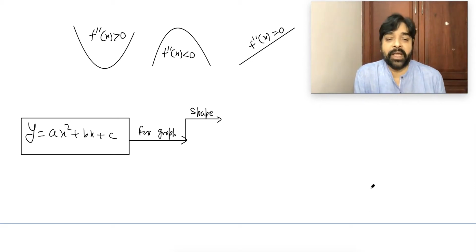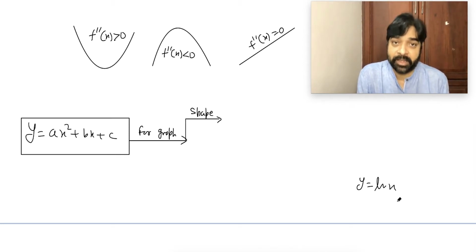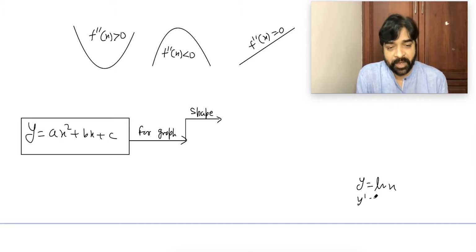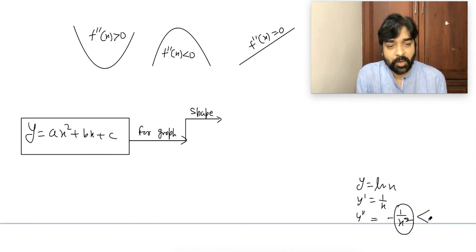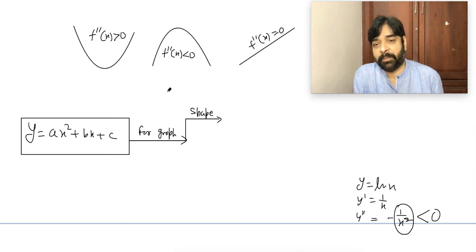Suppose somebody asks you, can you tell me the shape of y equal to ln x, log x base e? Yes, we can tell. I will find the double derivative. First derivative will be 1 by x. Second derivative, differentiation and all, you know the basics, I guess, will be minus 1 by x square. 1 by x square is always positive, so this quantity is always negative, which means the shape will be part of this.